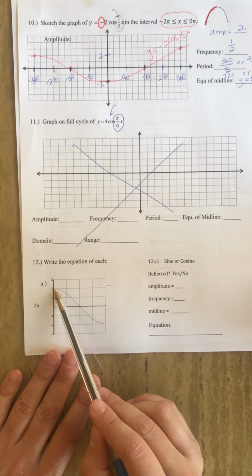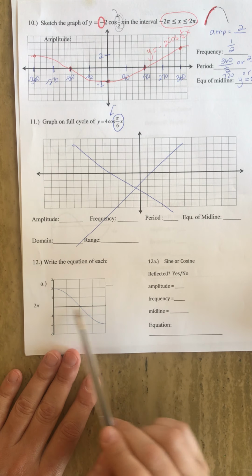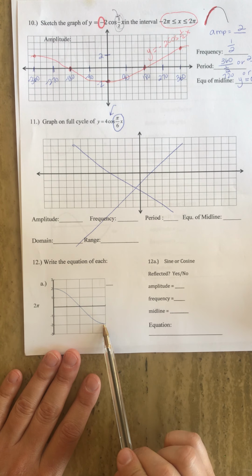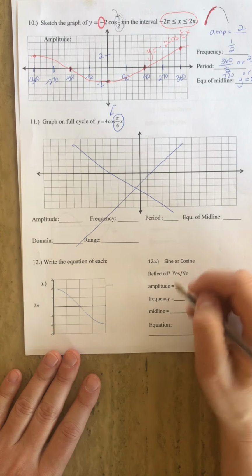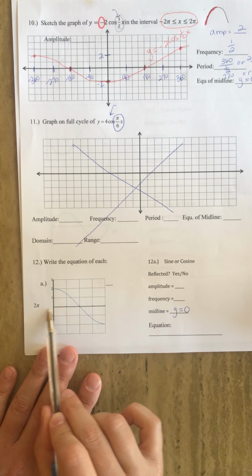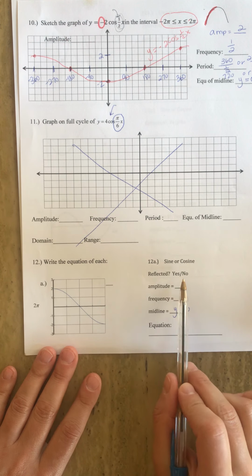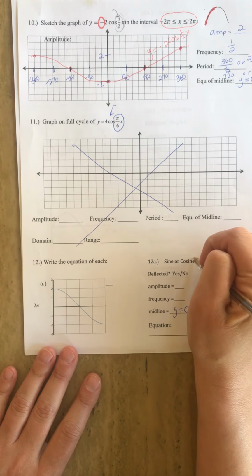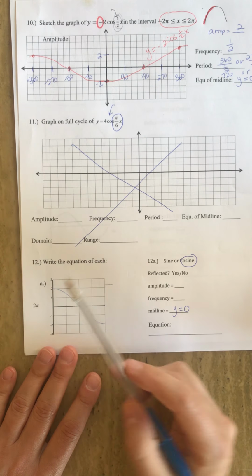You guys can see that the midline is y is equal to 0, the distance midway between the max and the min. So y is equal to 0. Knowing that this right here is 0, we know that it's cosine because it starts at the amplitude, which is 2. Is it reflected? No.